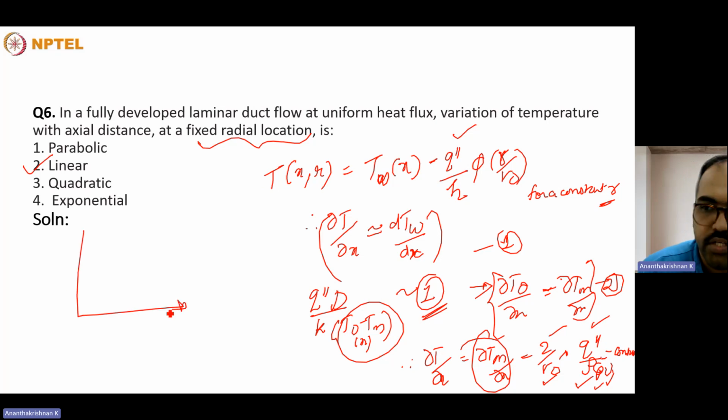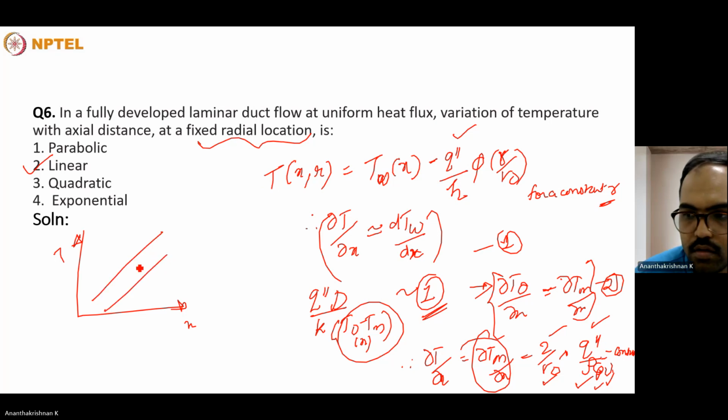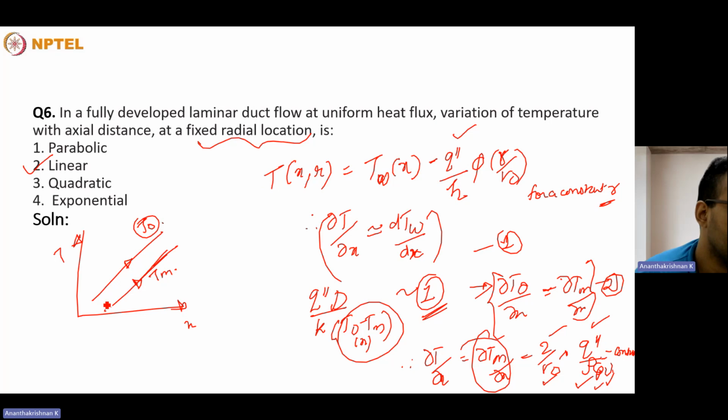So the variation of temperature with respect to x shows a constant slope for all of them. If the wall temperature and the mean temperature have the same slope, the slope of the temperature at any profile will also follow the same as these two slopes.